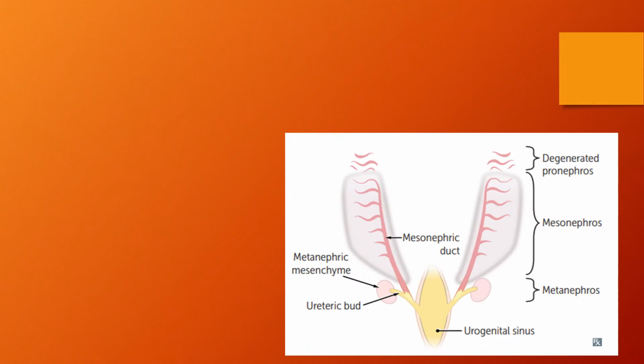As you can see in this diagram, the pronephros has already degenerated, leaving the mesonephros and the metanephros. The mesonephros has the mesonephric duct, and the metanephros has the metanephric mesenchyme and the ureteric bud.